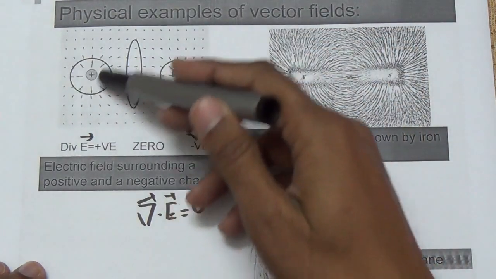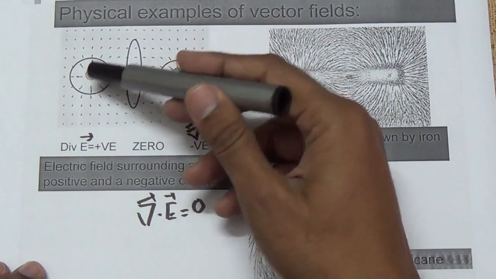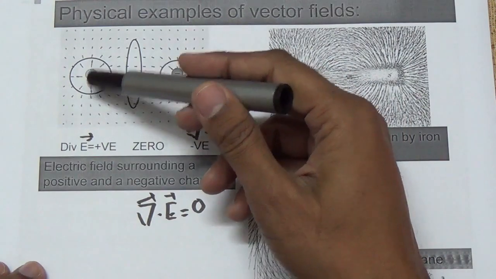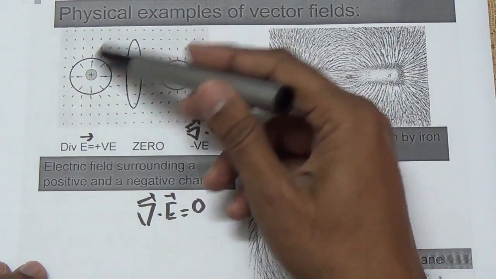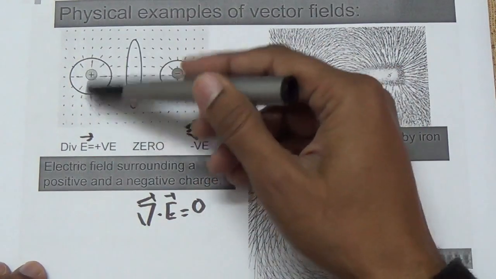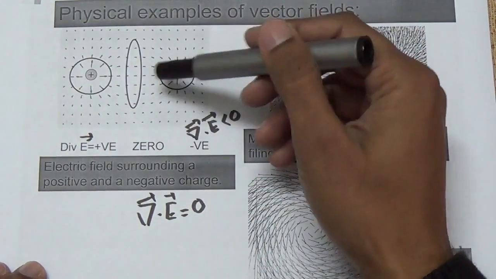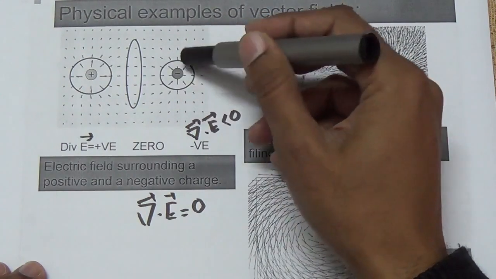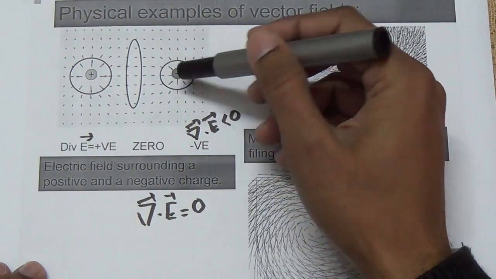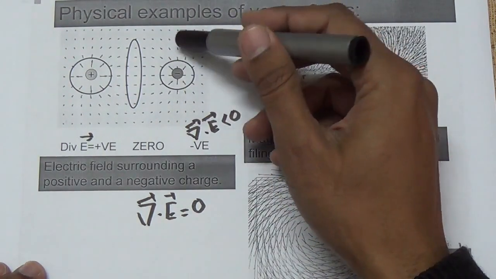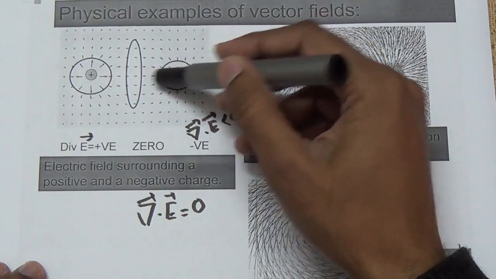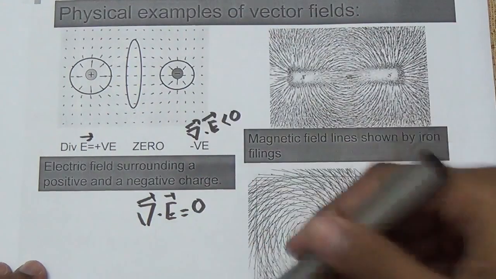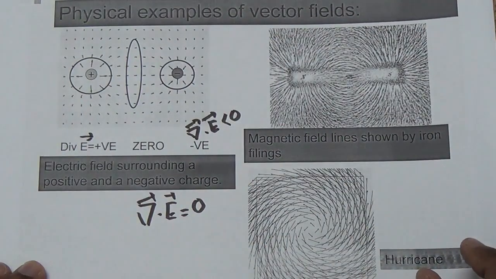But in this situation, we are considering a sphere with this positive charge kept at the center of the sphere, so electric field lines are coming out. And here, with the negative charge, it is again the same sphere, but at the center we have kept a negative charge. Here all the electric field lines are converging at this point. So this is the physical interpretation of the result.